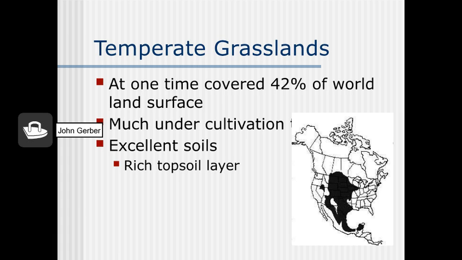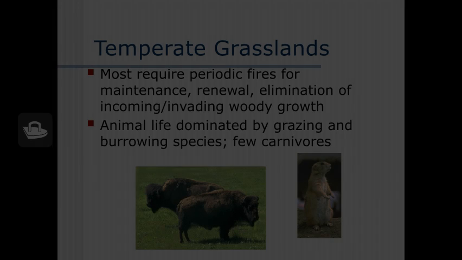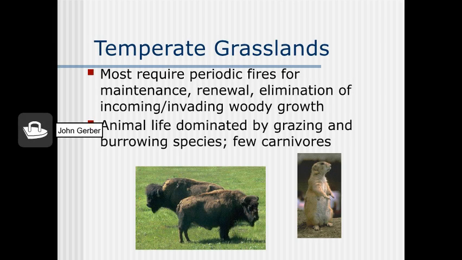At one time, temperate grasslands would have covered about 42% of the Earth's land mass. Today, much of that is under farming because of its rich topsoil. Again, fires and drought in the temperate grasslands prevent growth of shrubs and trees.